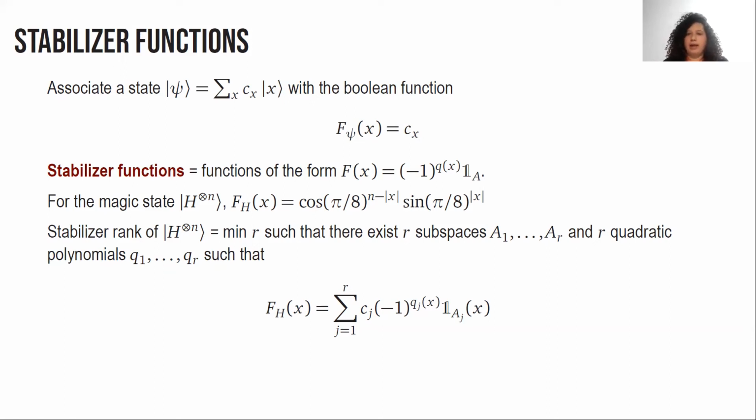So we want to ask what is the minimal r such that f can be represented as a sum of r stabilizer functions. Each stabilizer function is defined by an affine subspace and a quadratic polynomial.